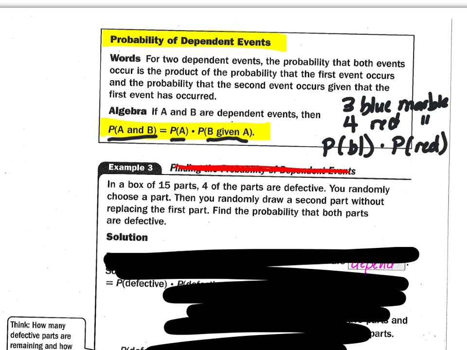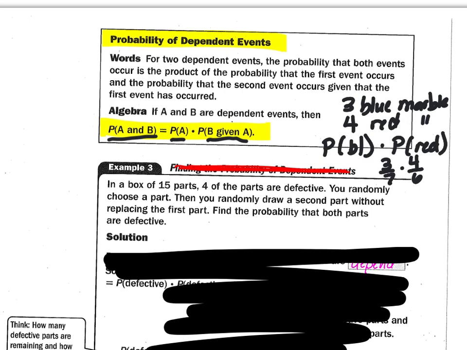Well, I'm not replacing it, so the probability of a blue one would be 3 out of 7. I don't put the marble back in the bag. The probability that I pick a red one would be 4 out of 6. There's one less in the denominator.